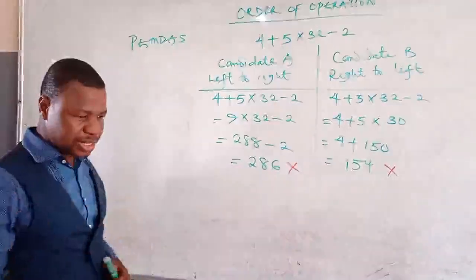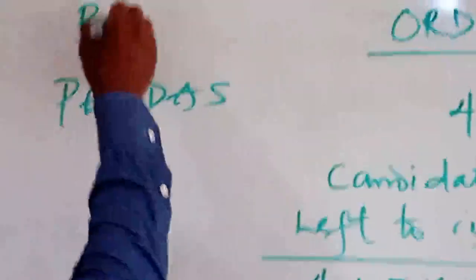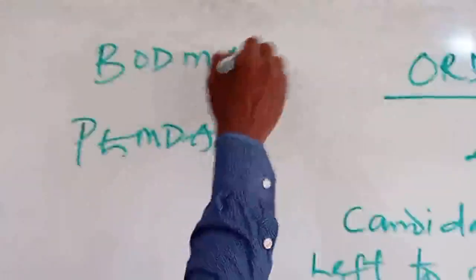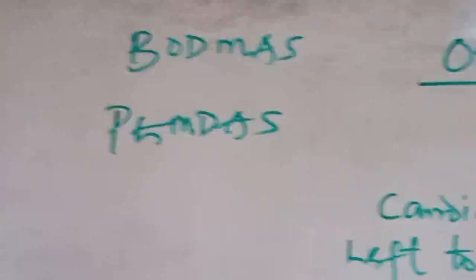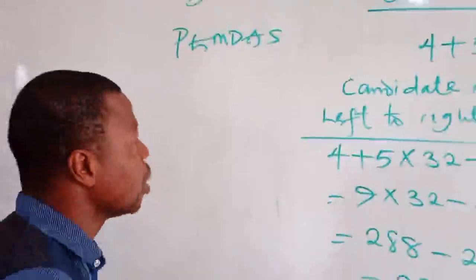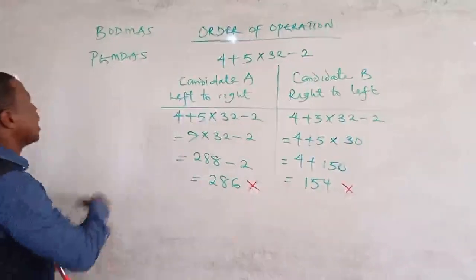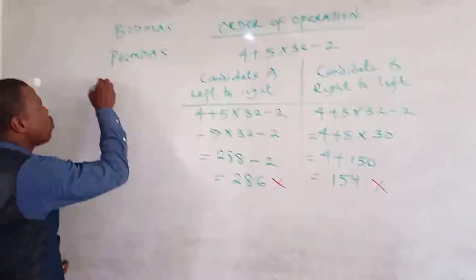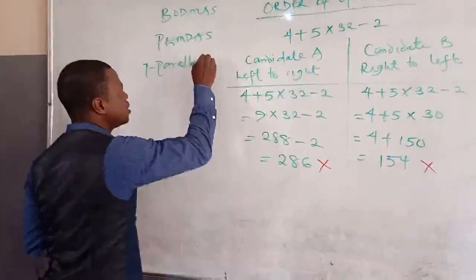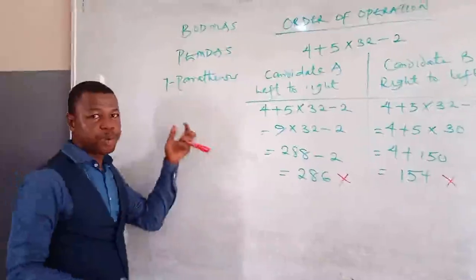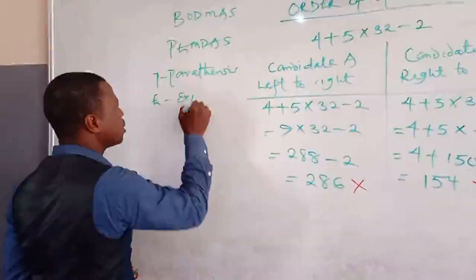In our junior classes or primary classes, elementary classes, we are used to BODMAS, where B means bracket, O means of or order, D means division, M multiplication, addition, then subtraction. But for this class, we will be making use of order of operation as in PEMDAS, where P means parenthesis. Another word for parenthesis is bracket. Then E, exponent.